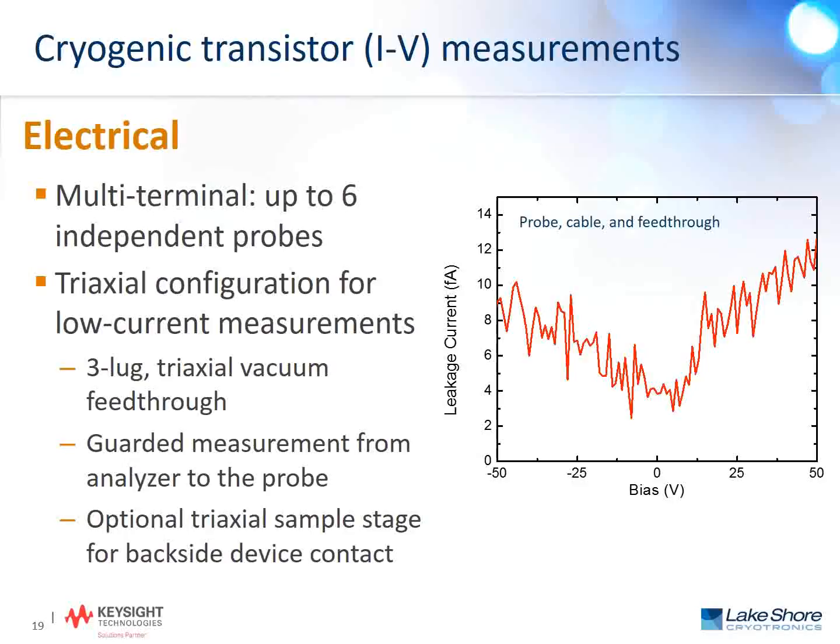Our vacuum feedthroughs are 3-lug triaxial, and so those interface well with the B1500 SMU. We offer guarded measurement from the analyzer all the way down to the DC probe. And finally, we offer an optional triaxial sample stage, so you can do guarded backside device contact.